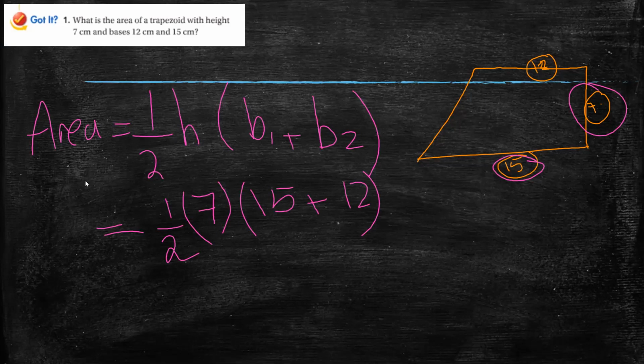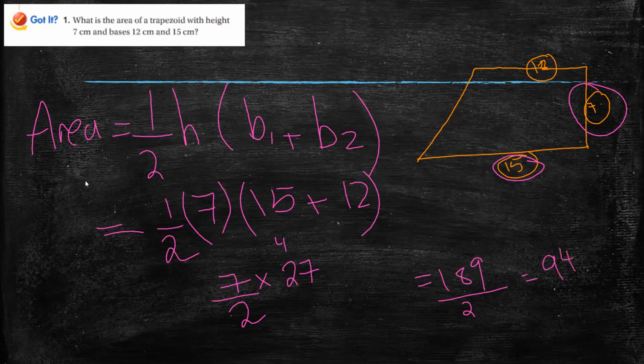Then 15 plus 12 is 27. I multiply 27 by 7 over 2. 27 times 7 is 189, divided by 2 is 94.5. So 94.5. What is the unit now? It will be centimeter squared.